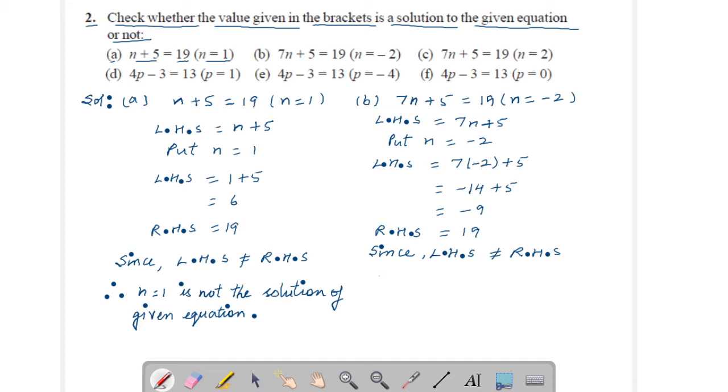Therefore n equal to minus 2 is not the solution of given equation.